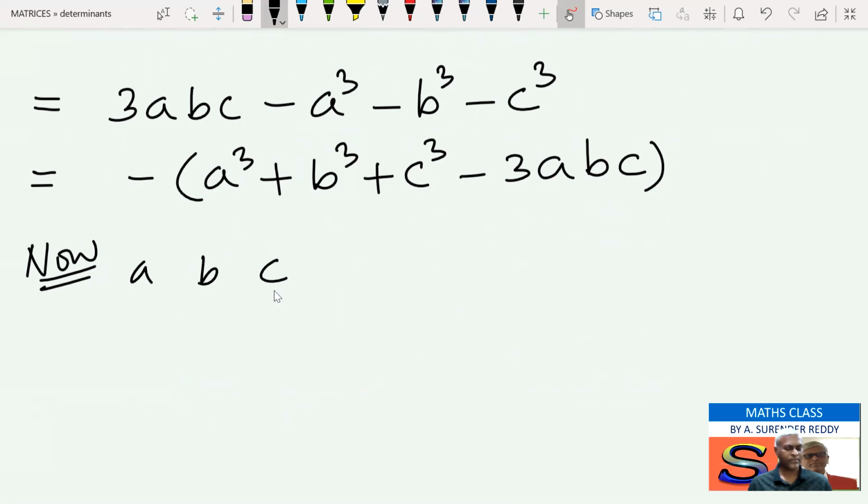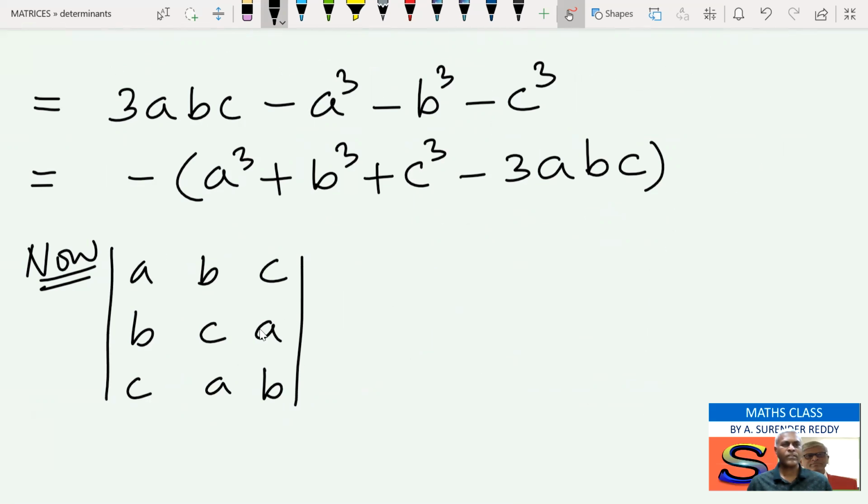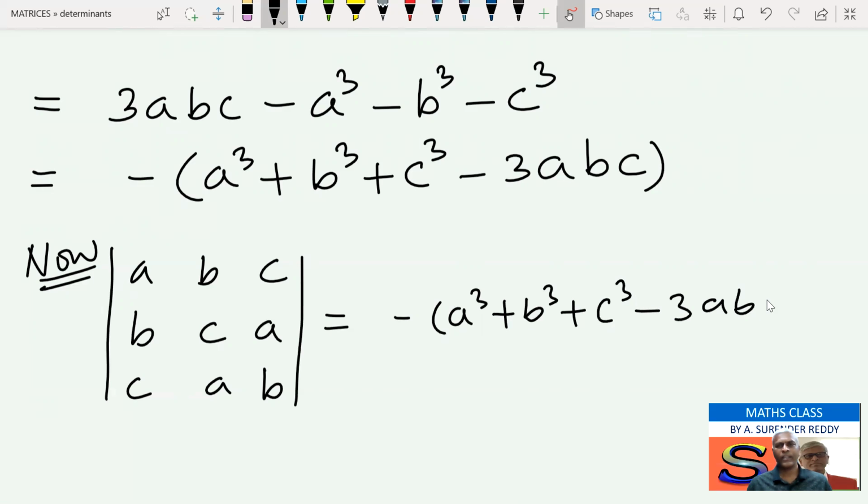The determinant with rows ABC, BCA, CAB is equal to minus of A cube plus B cube plus C cube minus 3ABC. Now I want the square of this one, squaring both sides.